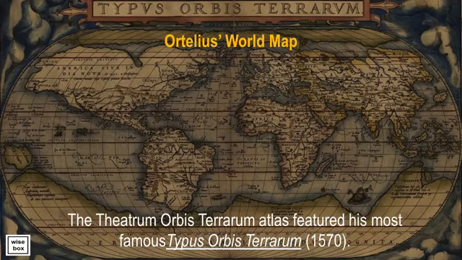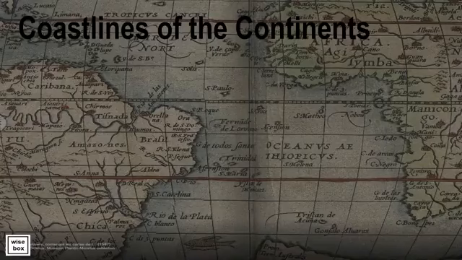Ortelius designed the map according to previous world maps from other cartographers, but he also added new information based on his own guesses and estimates. Abraham Ortelius is the first in history to observe the continental drift.